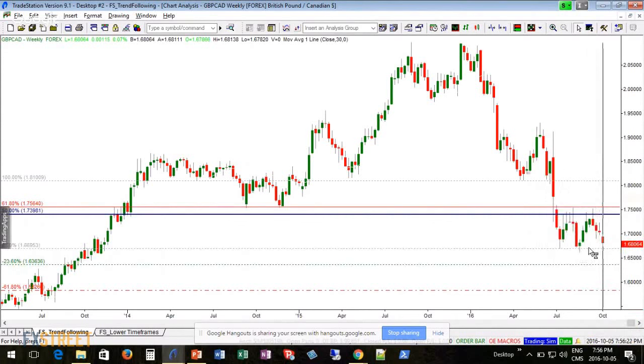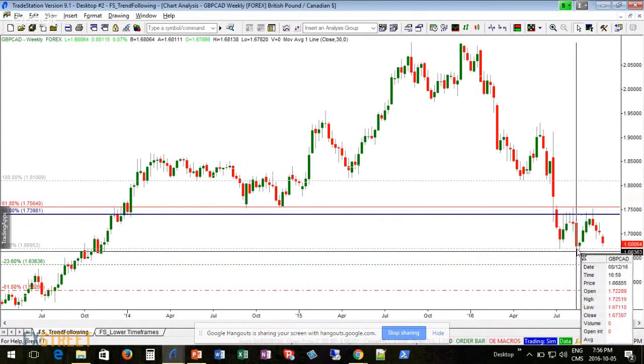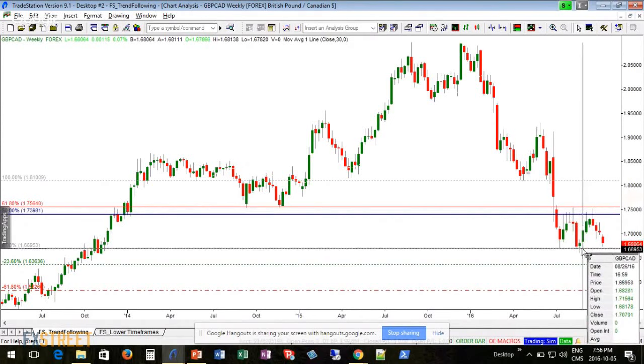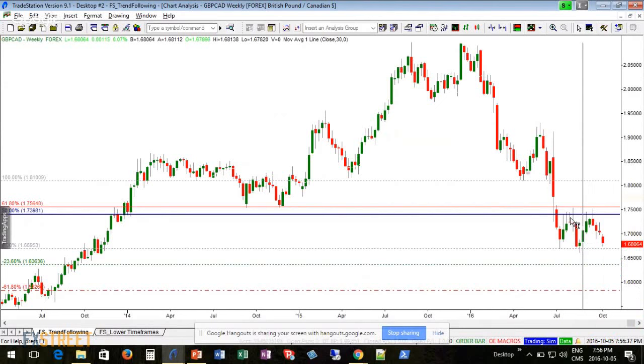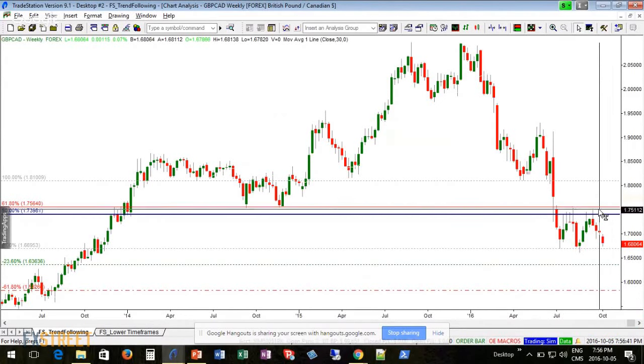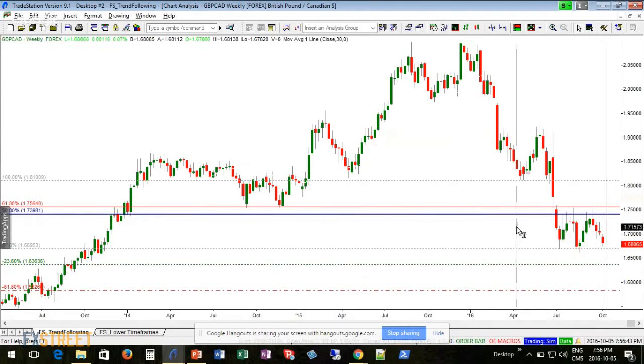And the only problem here is that the market came back after moving relatively a lot, 173, 174 into 167. So we're talking about 700 pips here, only to come back into that area and then start the move again.